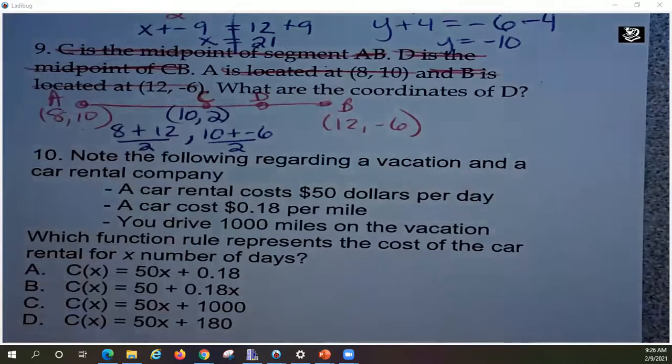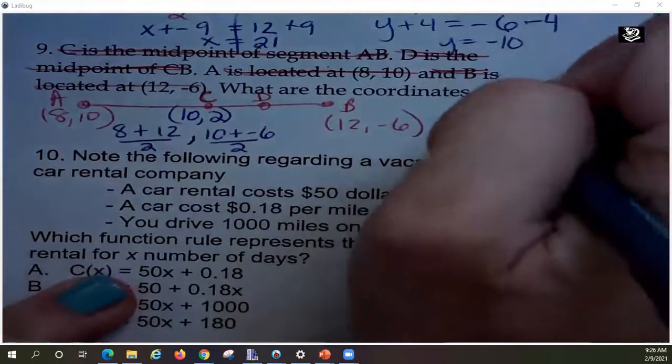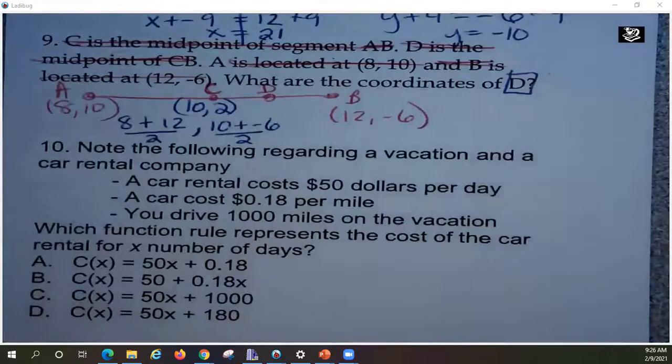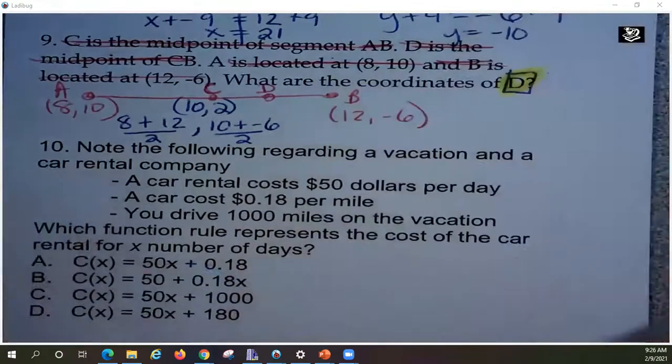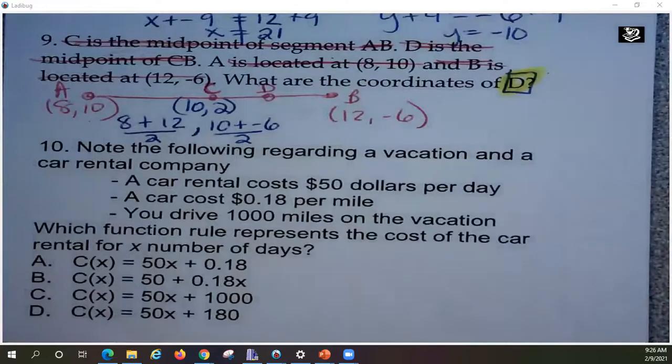Wyatt, is that my final answer? No, because you still have to find D. Thank you. You still have to find D. Alif, how am I going to find D now? What am I going to do? Alif, you're muted right now. You want to unmute for a minute?